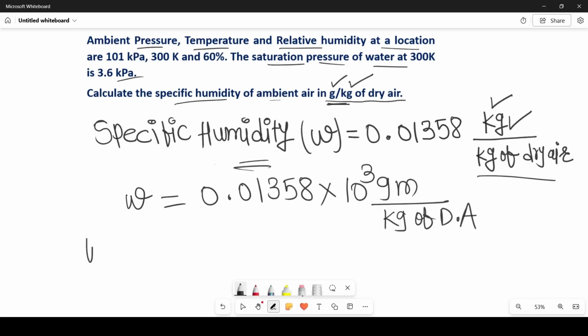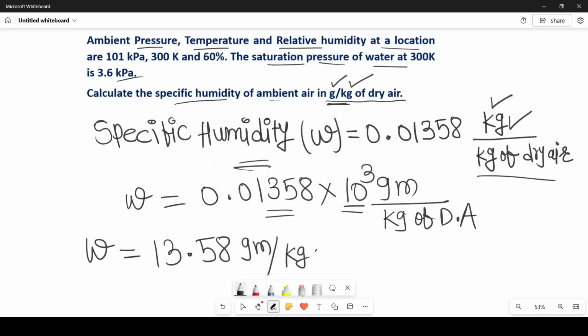Multiplying 10 raised to 3 with 0.01358, specific humidity is equal to 13.58 grams per kg of dry air. So specific humidity is 13.58 grams per kg of dry air.